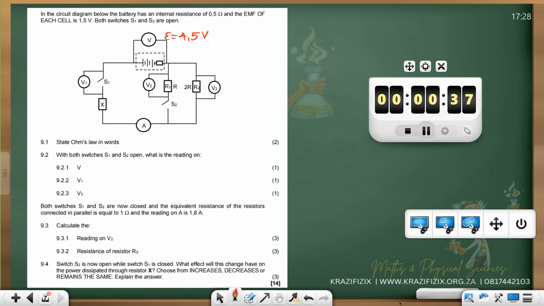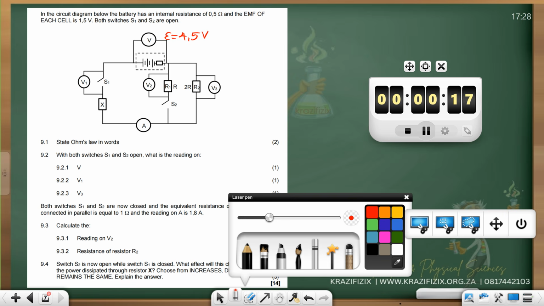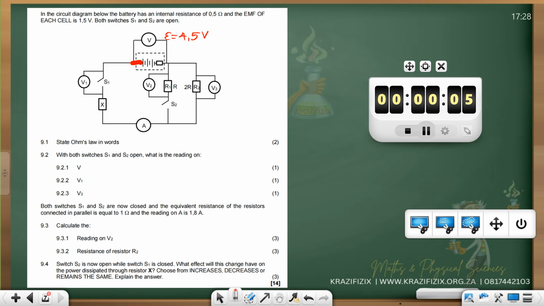Both switch S1 and S2 are open. Do you know I can have both switches open and current still flowing? If both are not main switches. Yes, I could draw a circuit and put auxiliary switches, or secondary switches, inside the circuit, but it won't stop current from flowing.